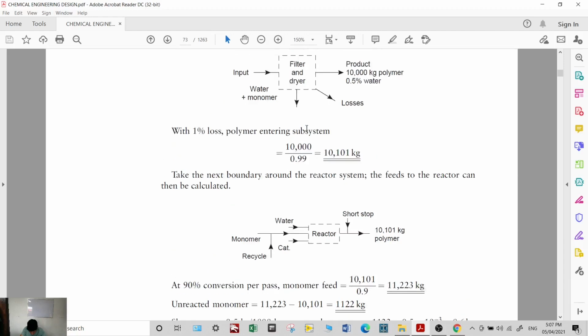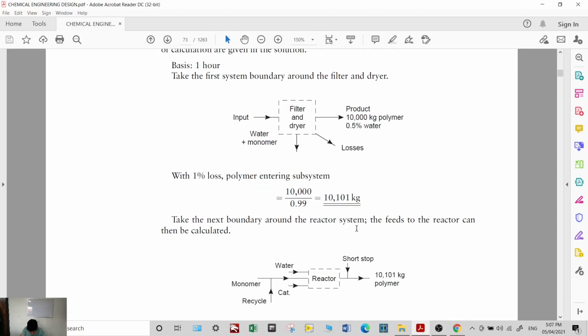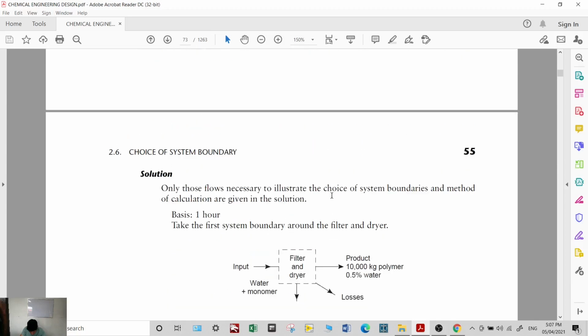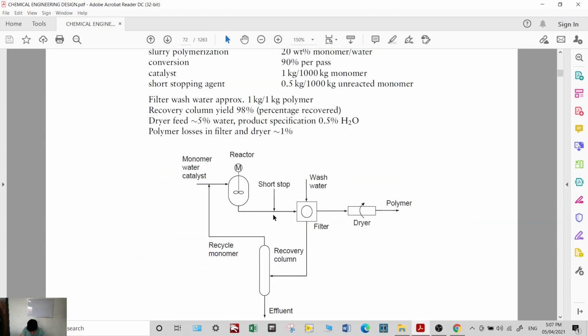So your input here is 10,101 kilograms. So this 101 kilograms is what is lost. Okay? After that, you have obtained the value here.